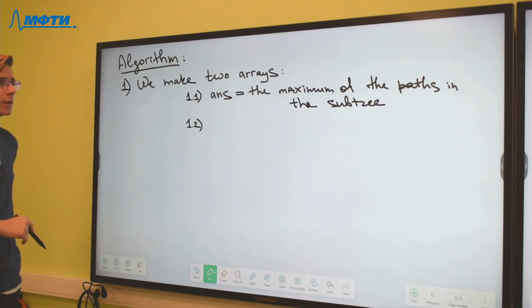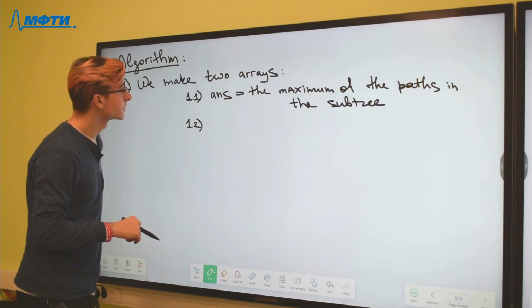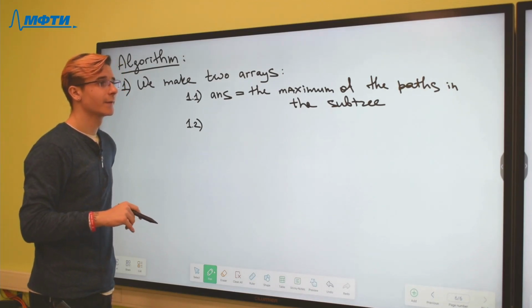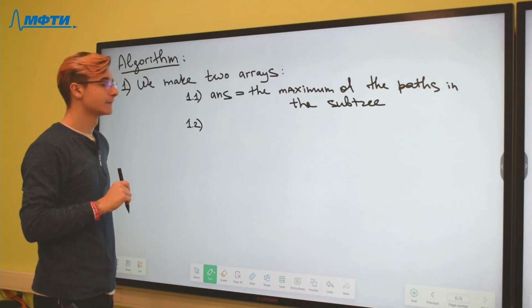And the second array contains paths that end in the roots.